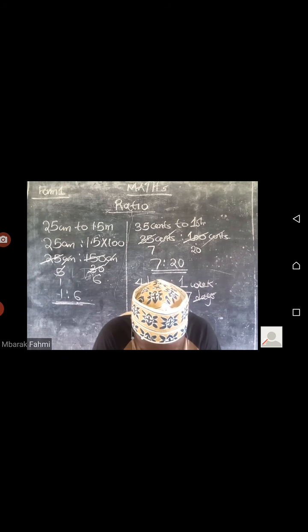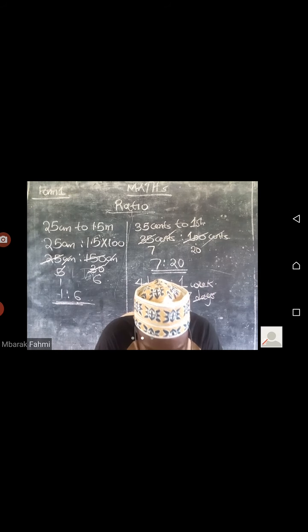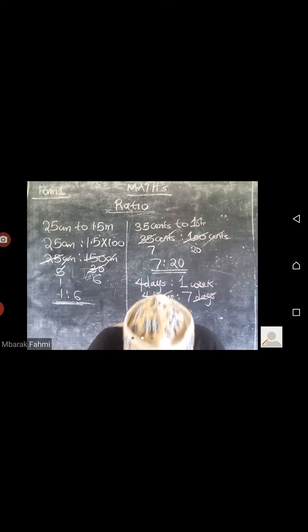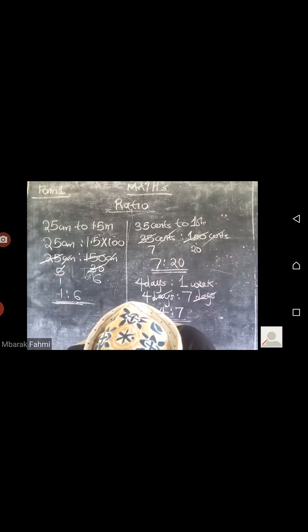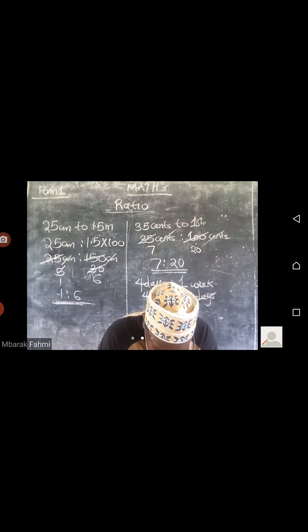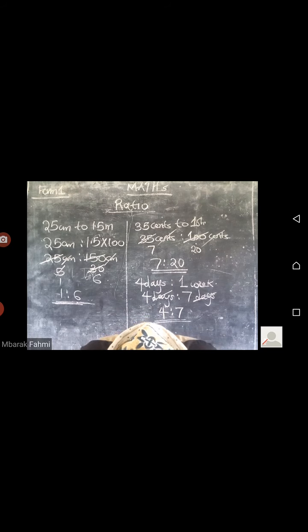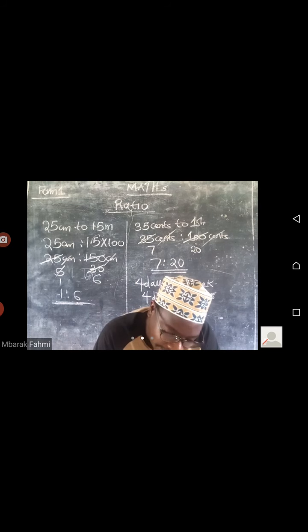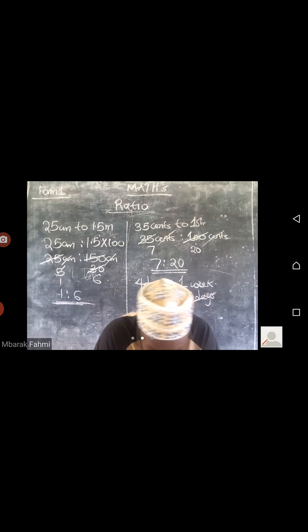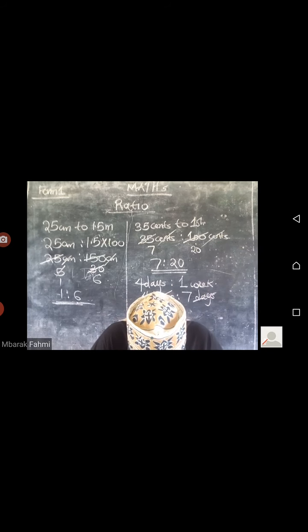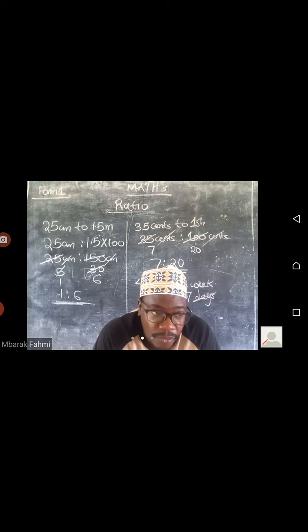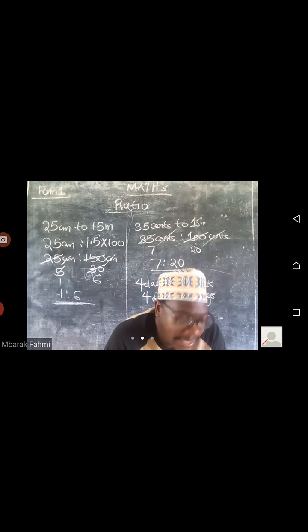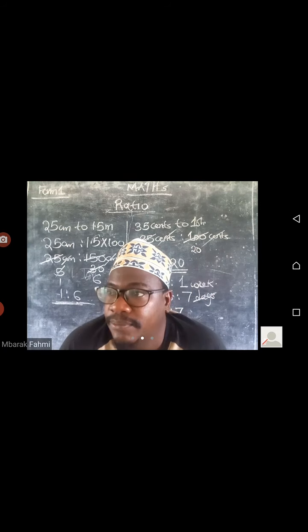Okay, so that is what basically you are supposed to do as far as simplifying values is concerned. Sometimes you can be given numbers where one is in decimal and another one is a whole number.